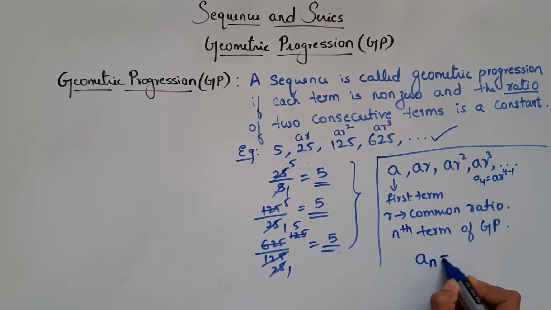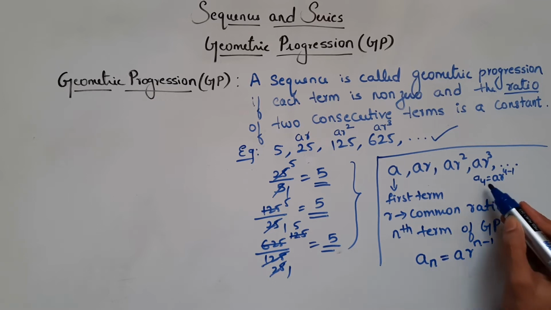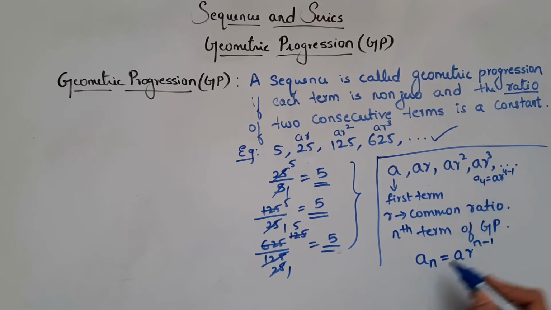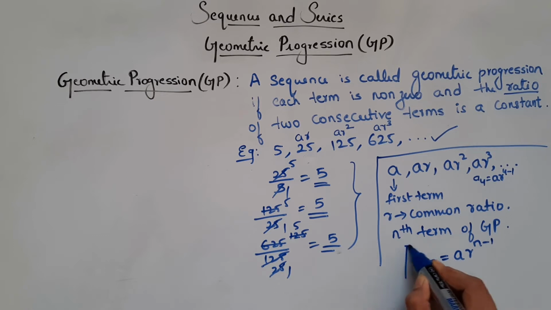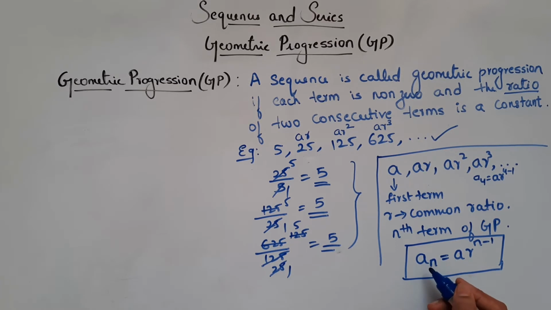So An will be A into R power n minus 1, agreed? Here we have 4, so here 4 minus 1. Here we have n, so n minus 1. So the nth term of GP is given by An is equal to A into R power n minus 1, where A is the first term, R is the common ratio. So here n can be anything. If you want the 20th term, you will substitute n is equal to 20, right?